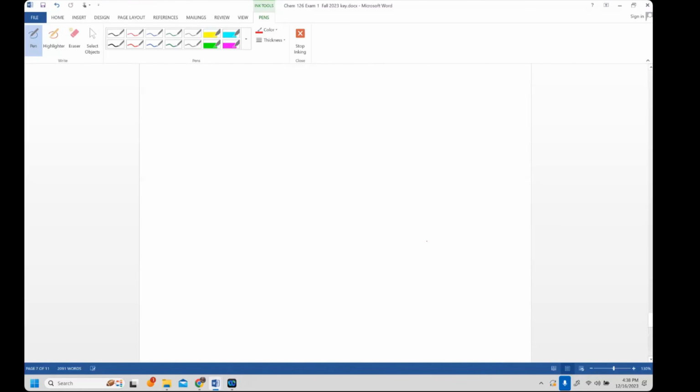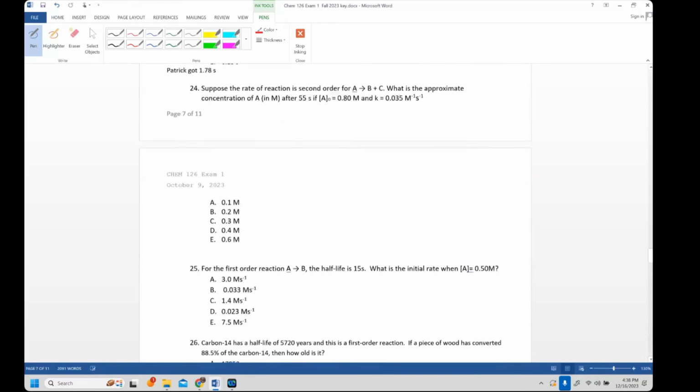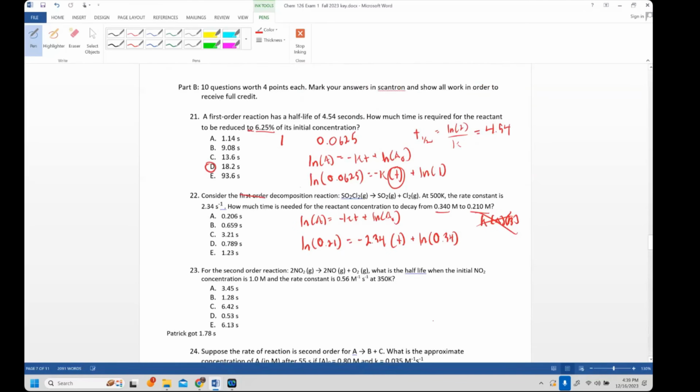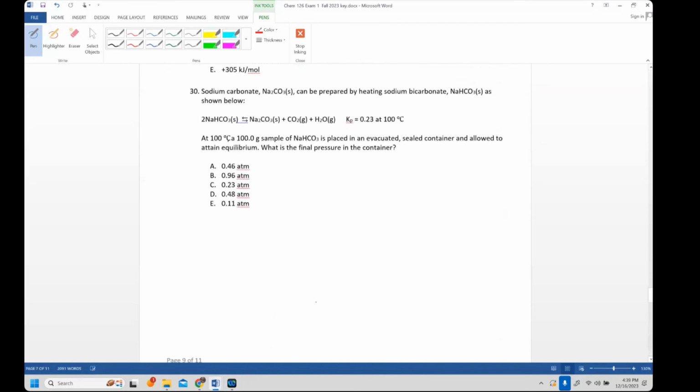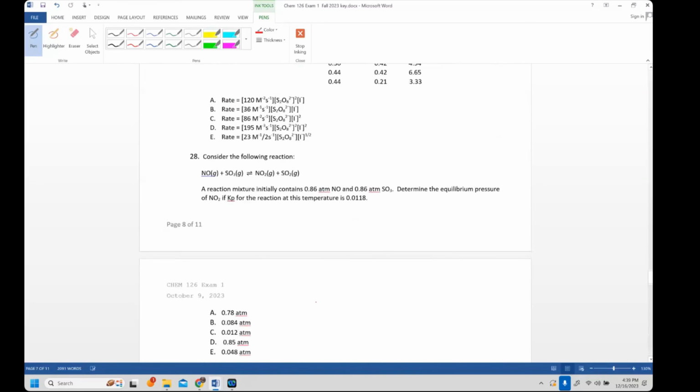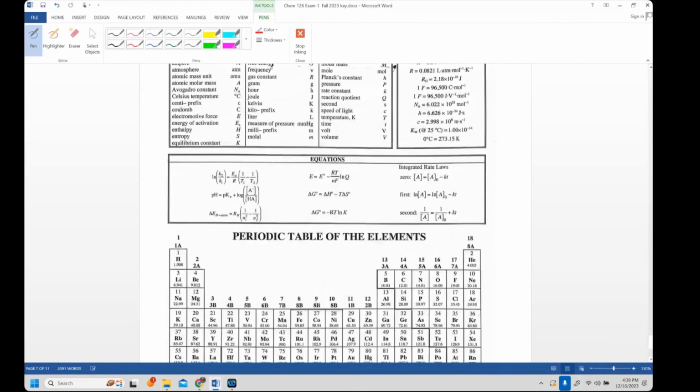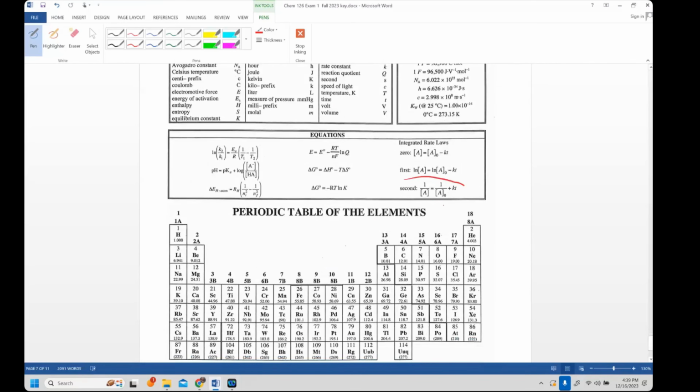The initial value is 1. If you plug 1 into A initial and 0.5 into A, and then solve for t, that'll get your half-life. So that works every single time.